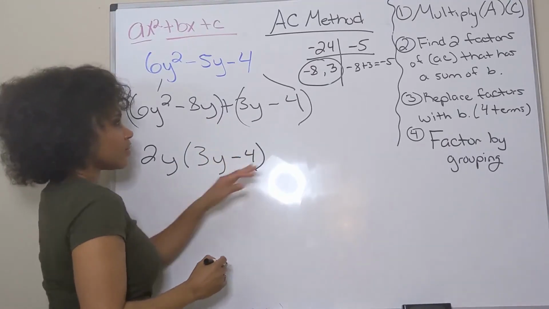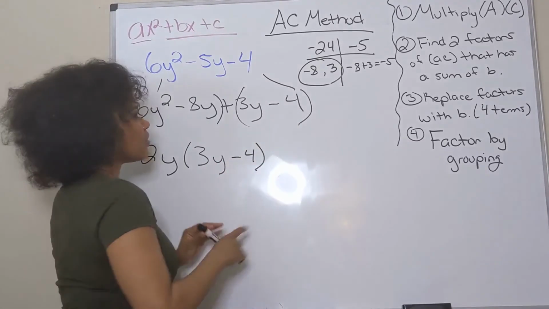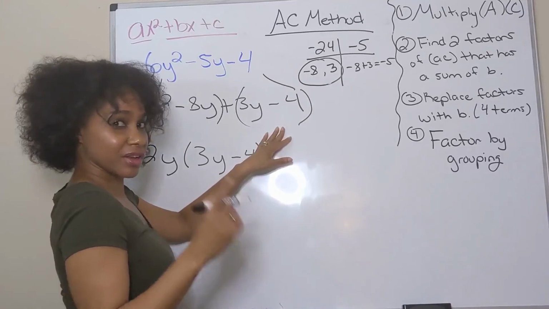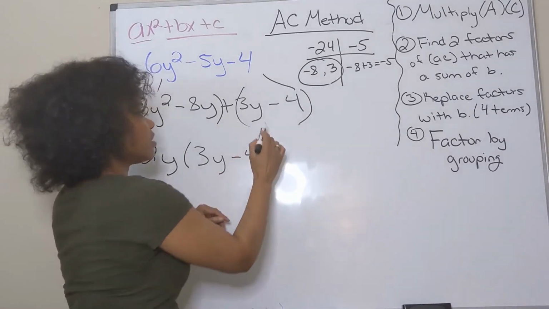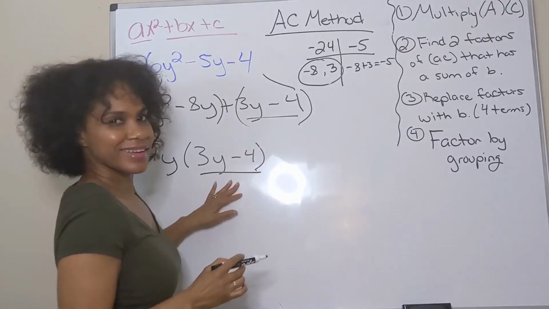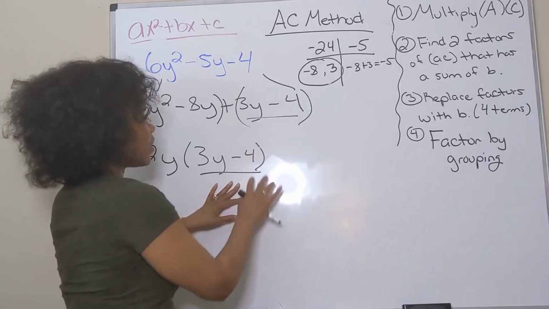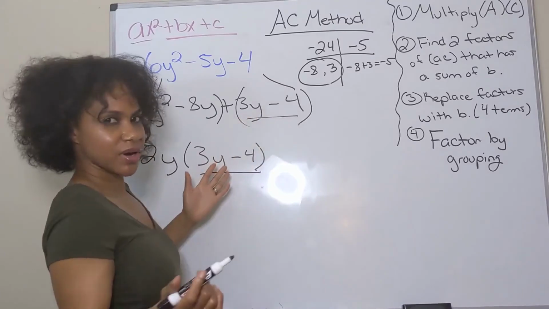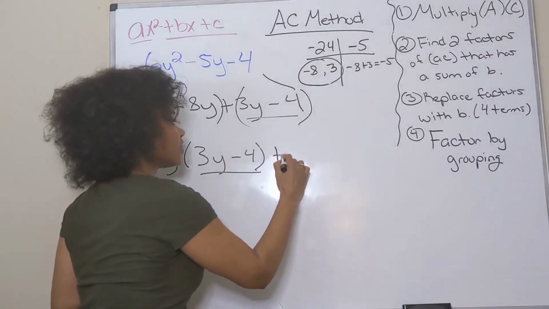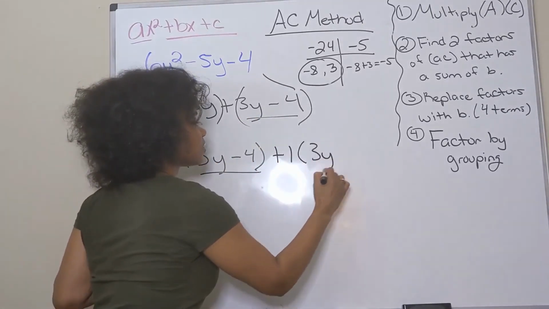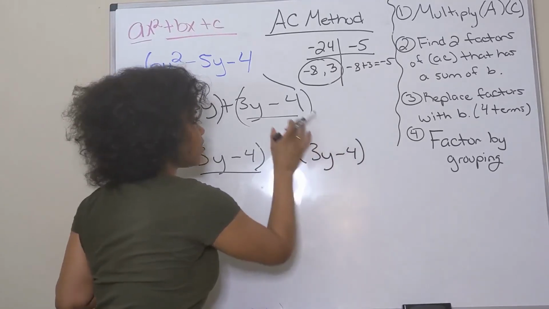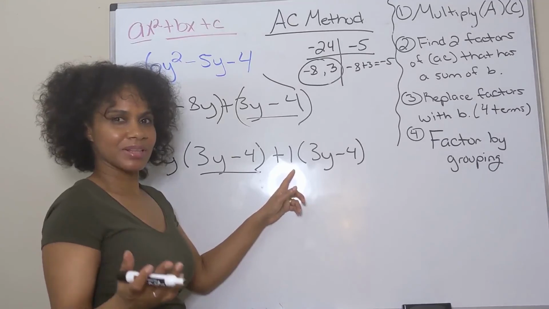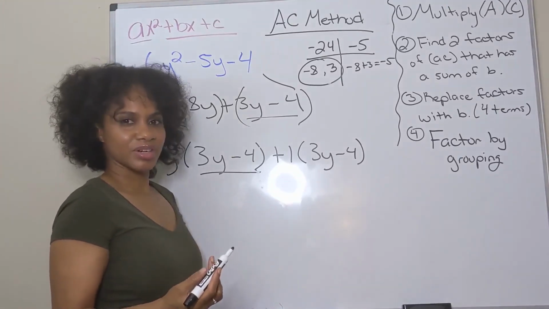All right. What do we notice here? Well, first, with this binomial, there's nothing we can factor out other than 1. And we notice that these are already the same, right? So when you have binomials that are already the same, and we know that we can't factor out anything else except 1, go ahead and just factor out a 1, because 1 times anything is just that term or that number.